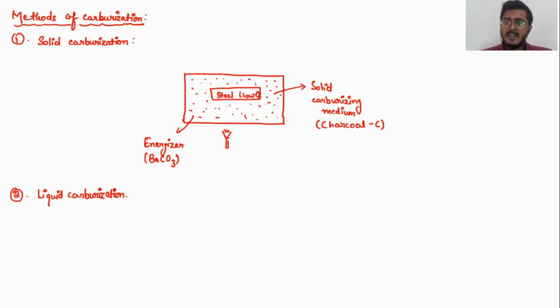Okay, but now this liquid carburizing medium cannot be molten carbon, right? Because the melting point of carbon is somewhere in the range of 3500 degrees Celsius. That is a very large temperature, and it is not achievable in the atmosphere of the Earth, right? So what happens in case of your liquid carburization? Instead of taking molten carbon, what we do, we take a cyanide solution.